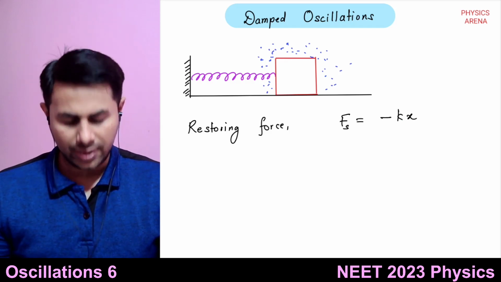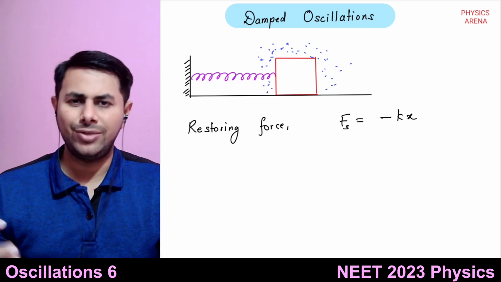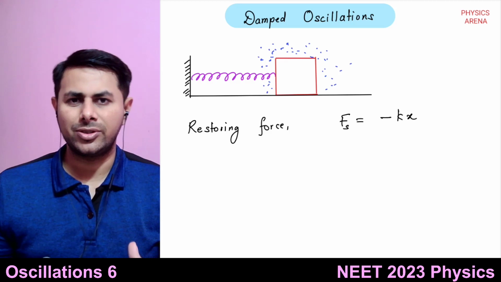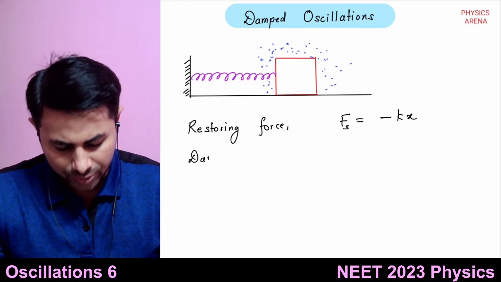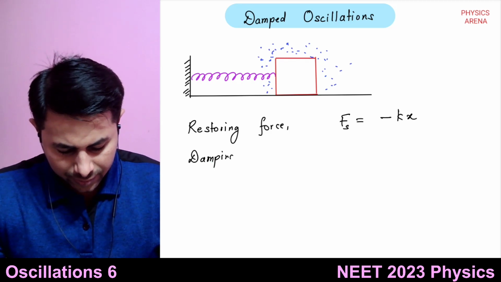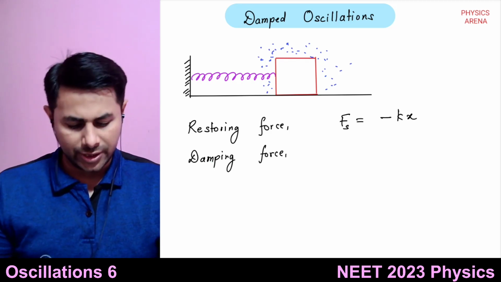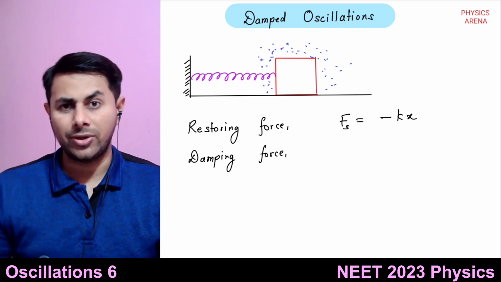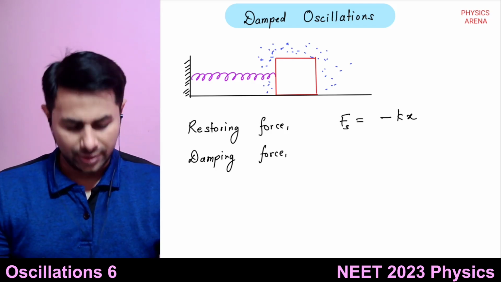Then we have some opposing force due to the medium also. That force is known as damping force, and this damping force opposes the motion of the block. So it is directly proportional to the velocity of the block, but with negative sign.